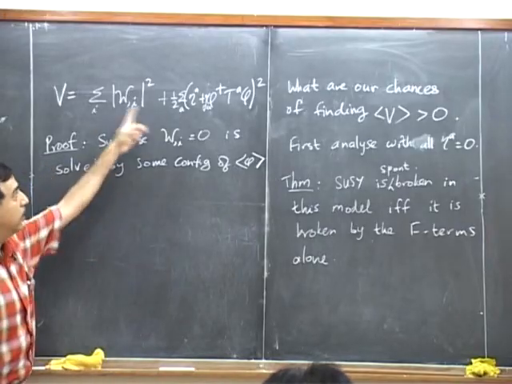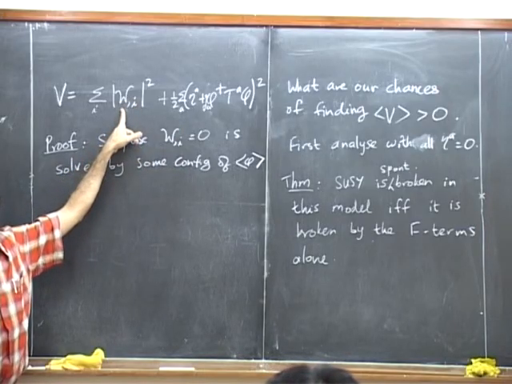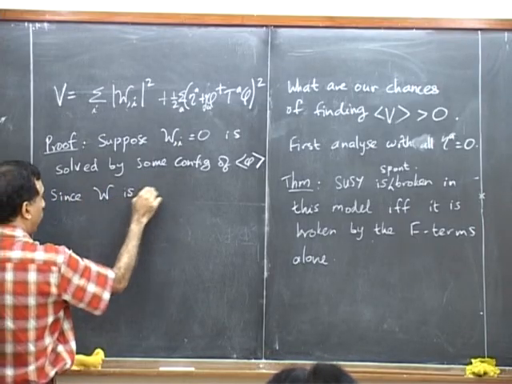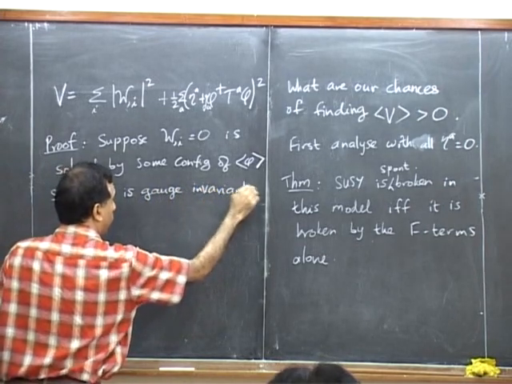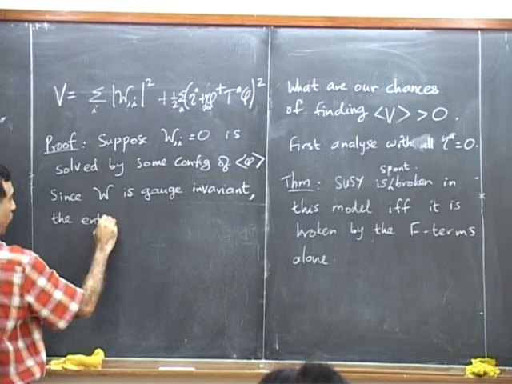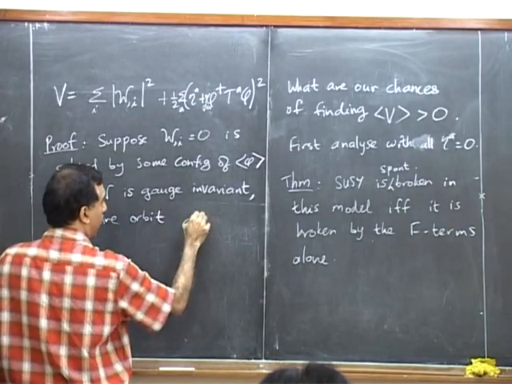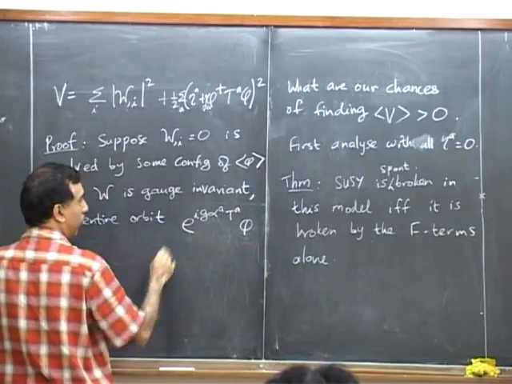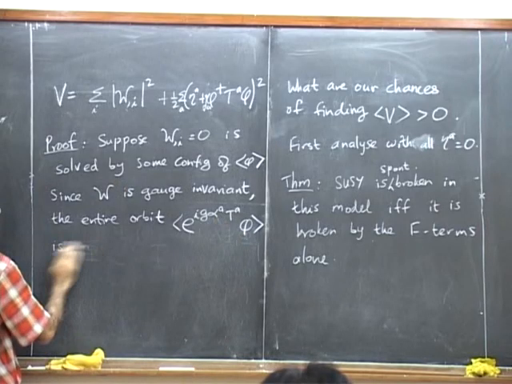Now, this is a gauge theory. Okay, and W is gauge invariant by assumption, and remember it's a potential term. Okay, since W is gauge invariant, the entire orbit e to the I G alpha A T A phi is an equally good, gives equally good energy.